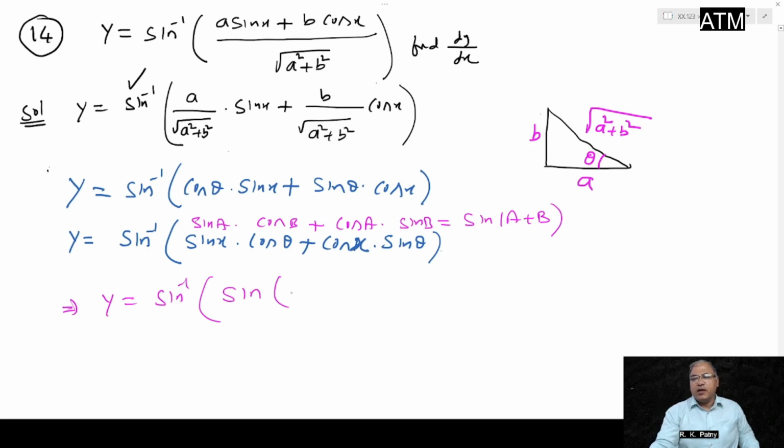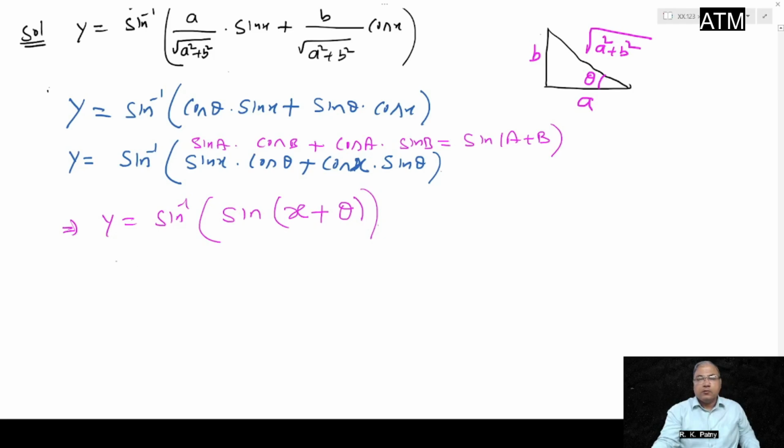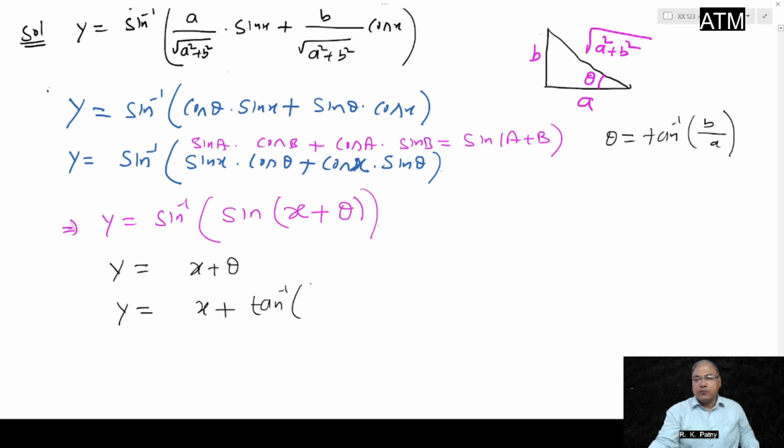What is A? A is nothing but x. And B is nothing but theta. Therefore, y equals x plus theta. What is theta? Theta is tan inverse of b upon a. So y equals x plus tan inverse of b upon a.